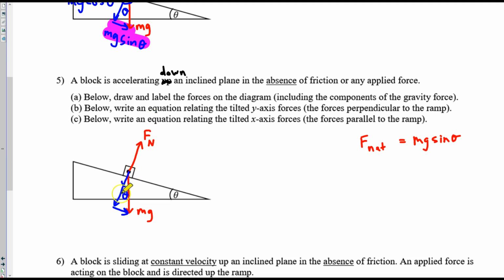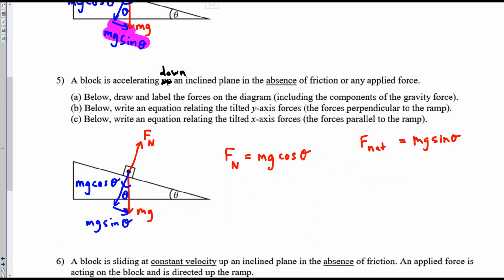There's theta. The y component, as always, is mg sine theta. Whoops, cosine, because it's adjacent the angle. And in all these ramp problems, the tilted x component is mg sine theta. So when we balance up and down, just like we've done already so many times, we get Fn is mg cosine theta.